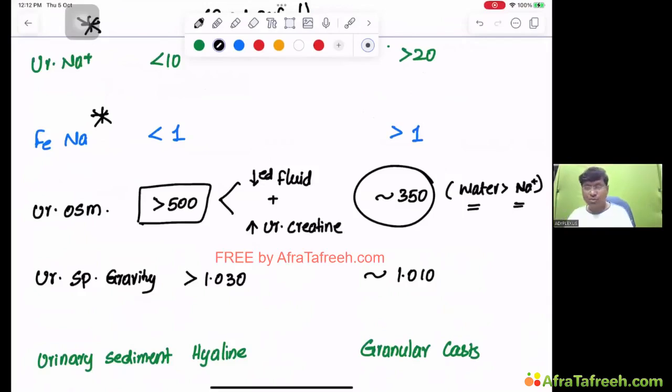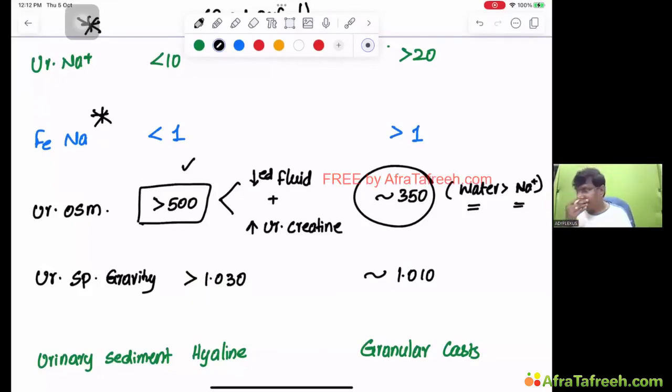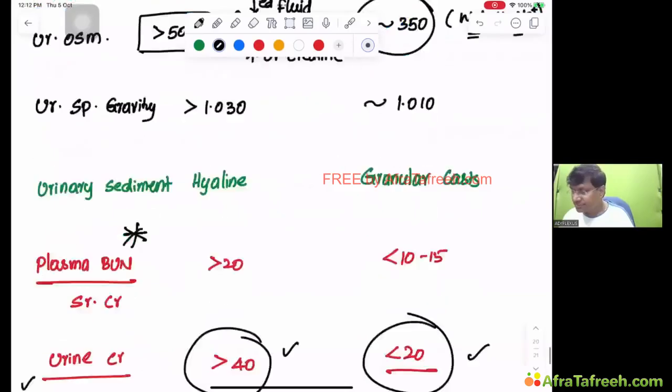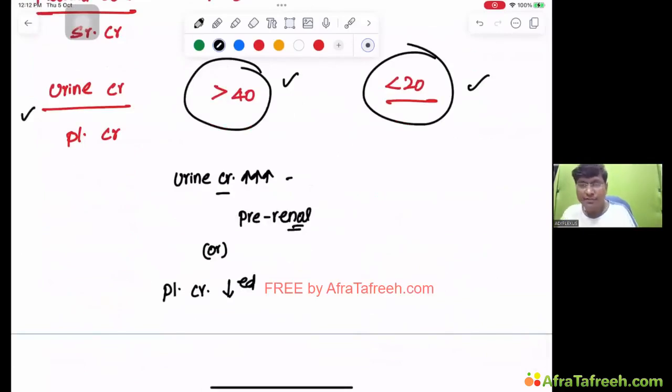These are the 2 things which contribute to the increase in urine osmolality in pre-renal compared to intrinsic renal.